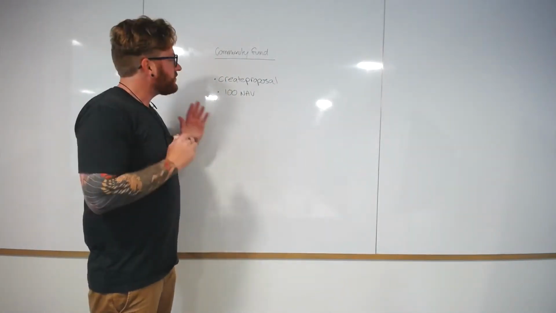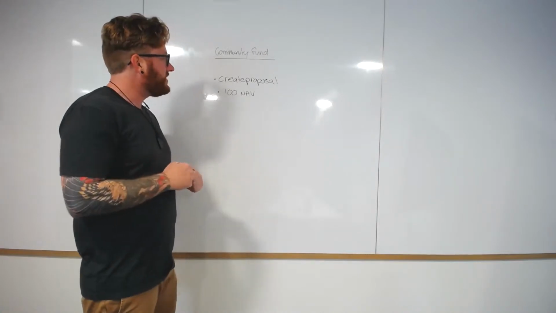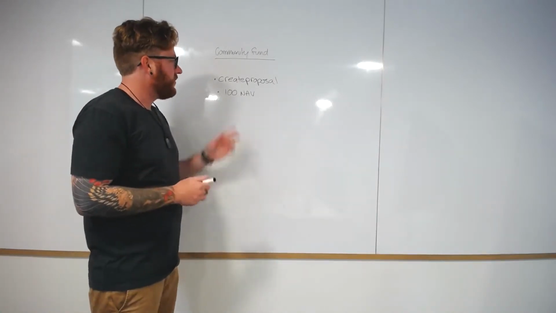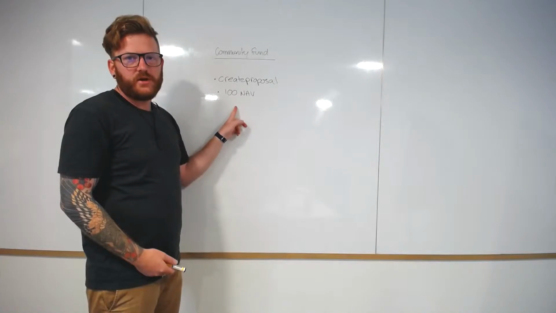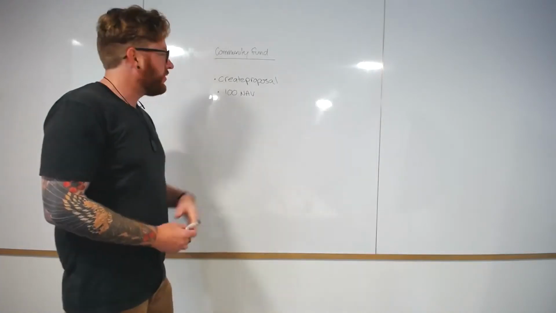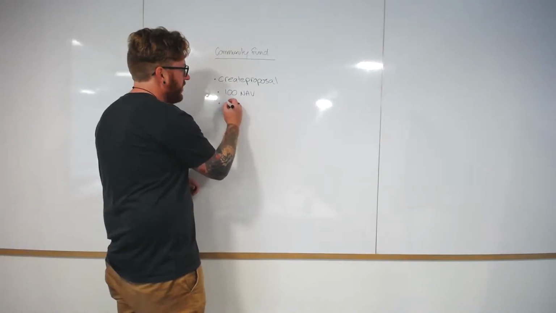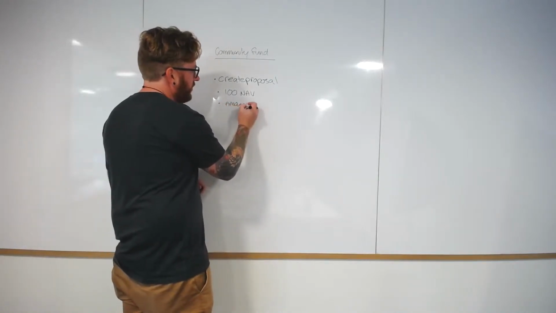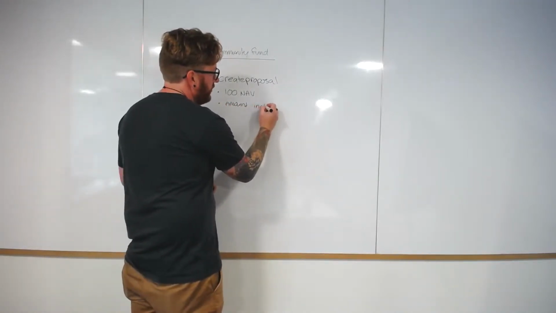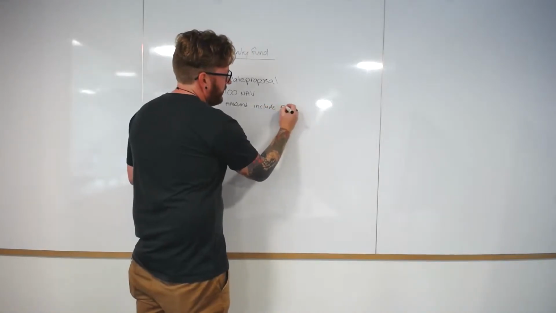So the idea for this as well is that it might seem like a lot of NAV, and it could be depending on the price per NAV, but what you should do is basically in your amount, you want to include the fee.